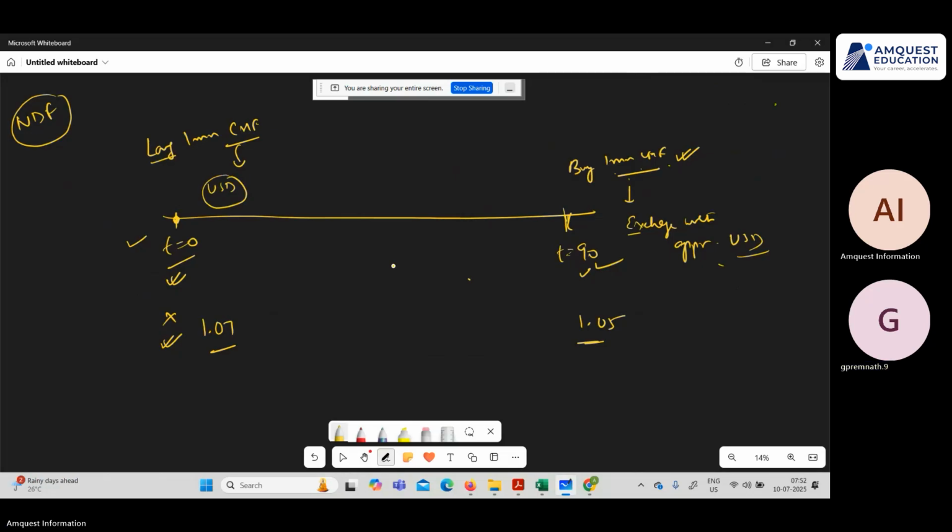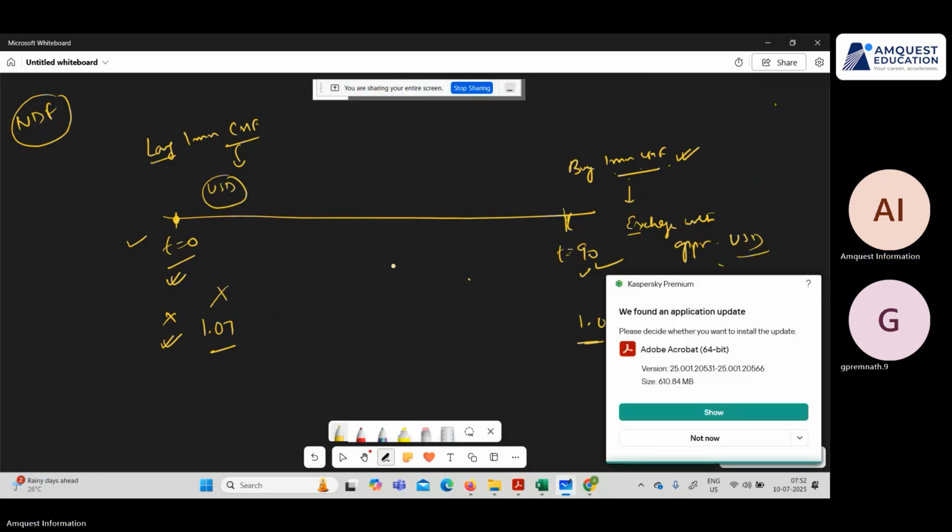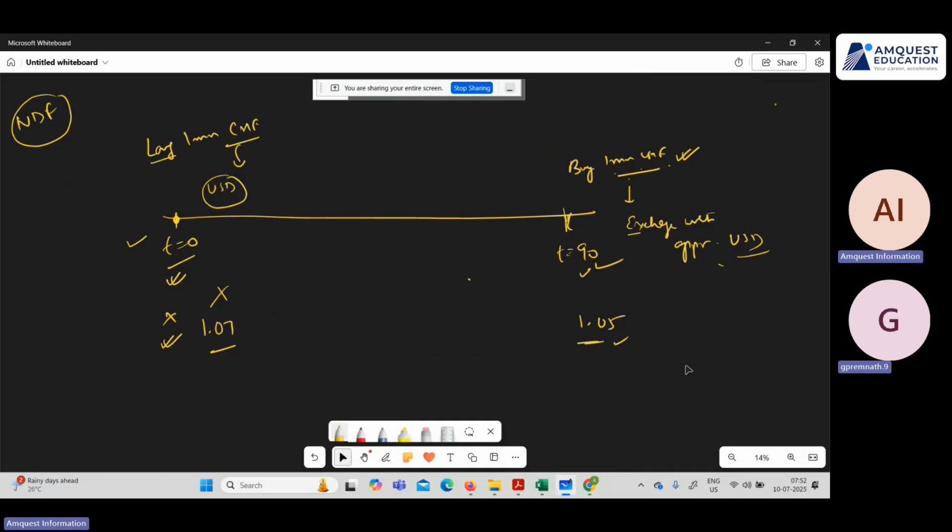Yeah. That's the reason that you are trying to go long, because you think that I can buy cheaper. Correct. So under normal circumstances, your spot rate does not matter. All that matters is the rate as on t equal to 90 that you decide upon already, and you will use that to exchange.